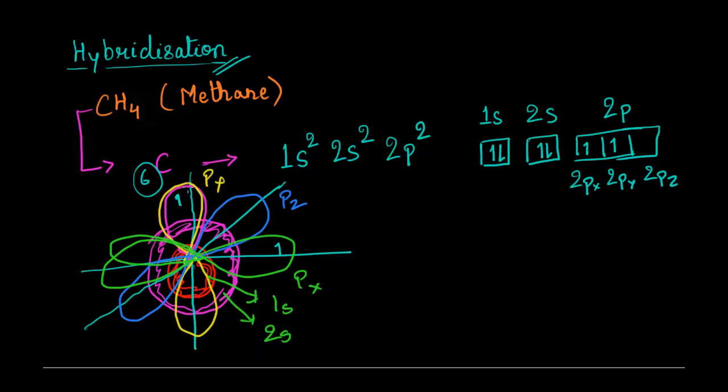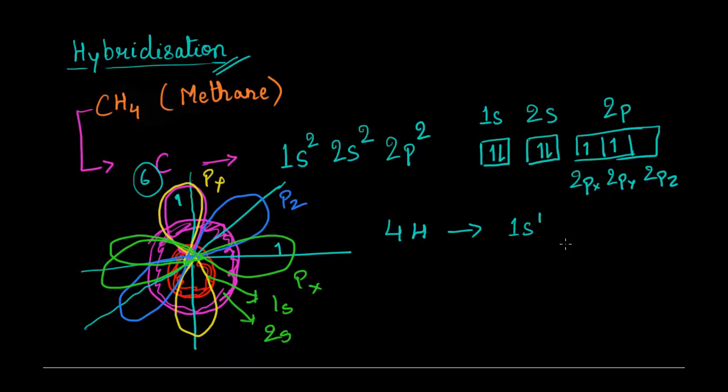Now in the case of CH4, 4 hydrogen atoms have to bond with 1 carbon atom. For that, let me write the electronic configuration of hydrogen, which is 1s1.